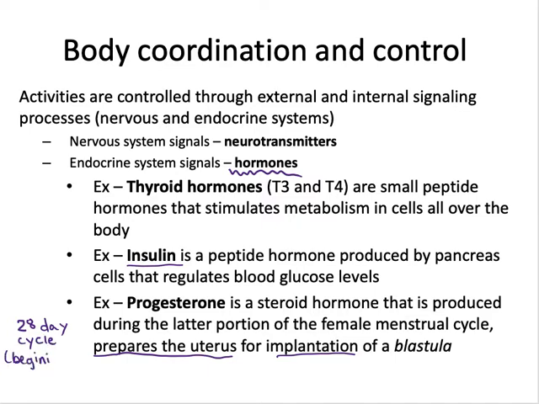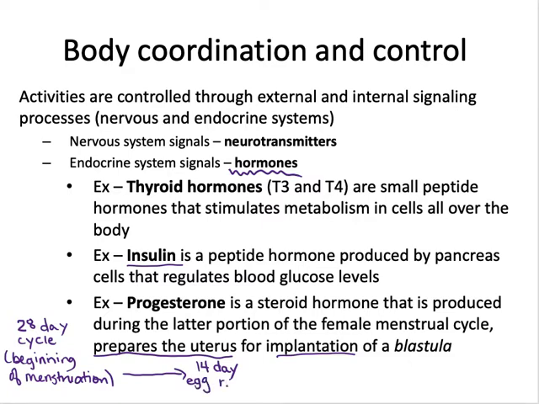Not the end of a period, but the beginning of menstruation. All right, and then within the first 14 days, follicles are developing in the ovaries, and an egg from one follicle will mature and be released. So then at about 14 days, we have an egg being released.